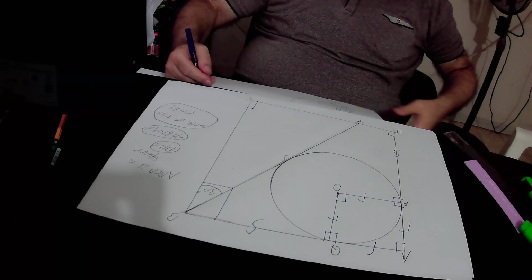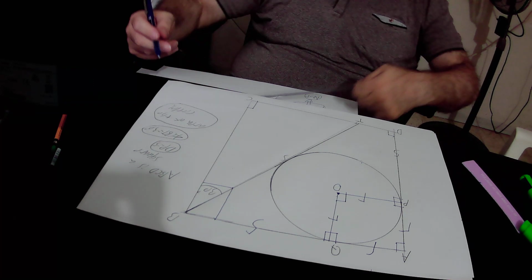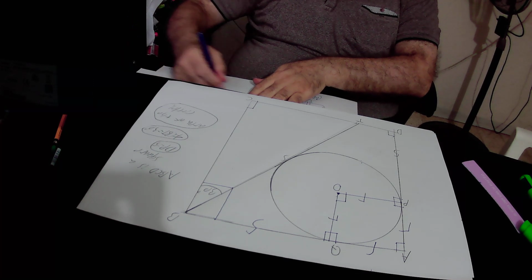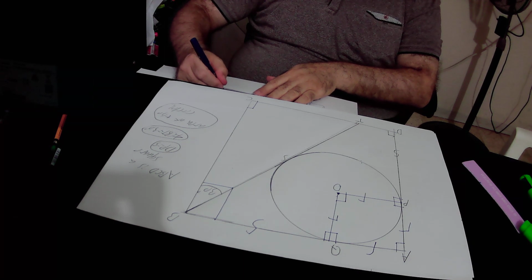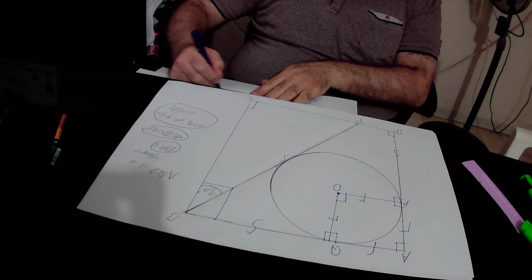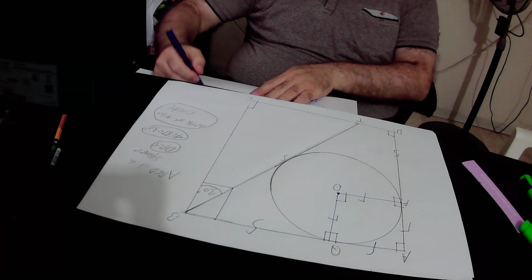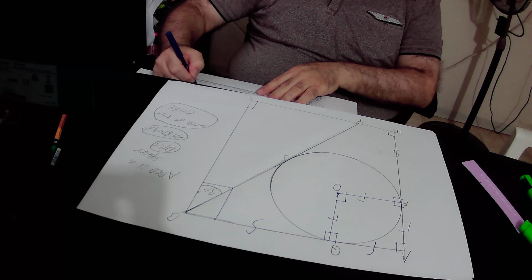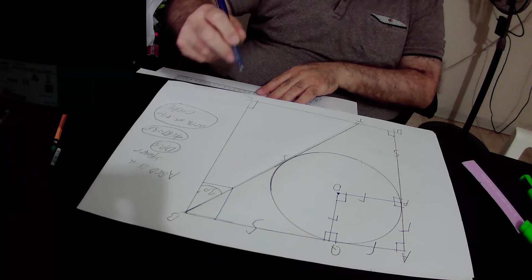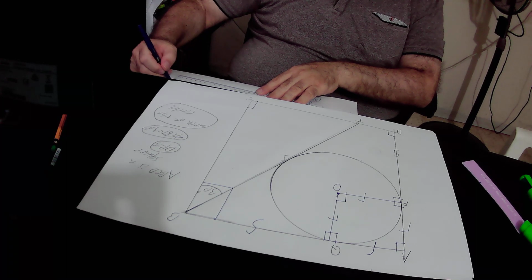Why? Because in our drawing, if we focus on the common external point B, from B we have two tangents to this circle, tangent BQ and tangent BS. According to rule number 2, they are equal to each other.